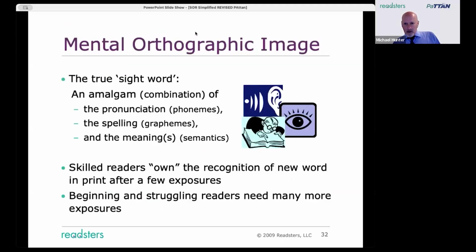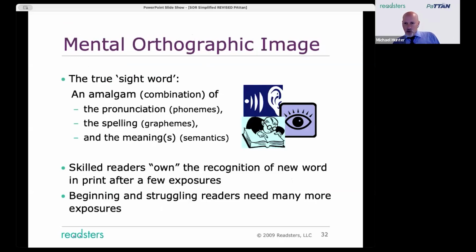From our understanding from the research, once you are a proficient reader, what makes you a proficient reader is that when you see an unfamiliar word in print, you are automatically able to start processing that print, turn it into speech sounds, and map the sounds of the word to the print that you're looking at in your brain very quickly.